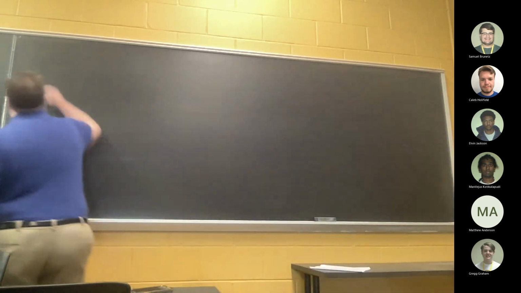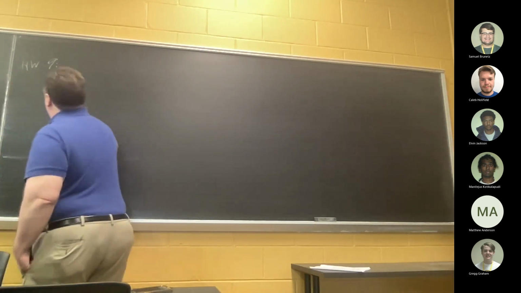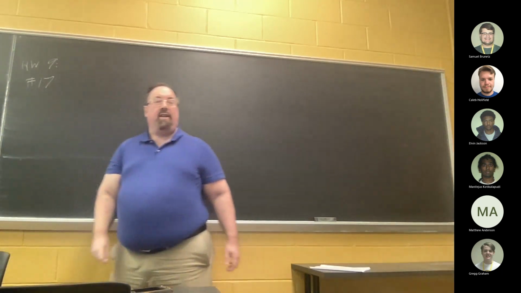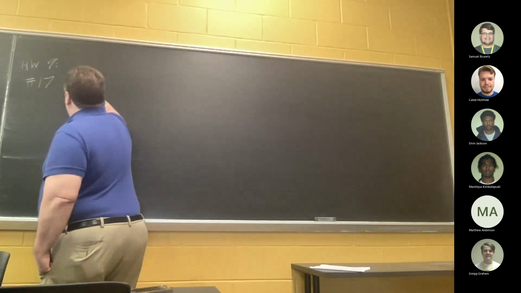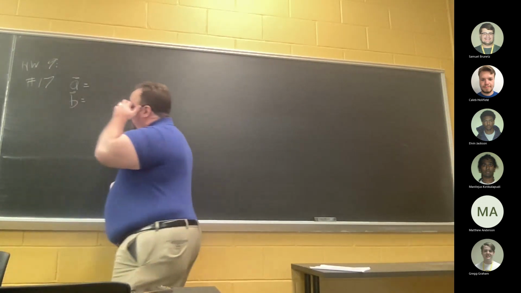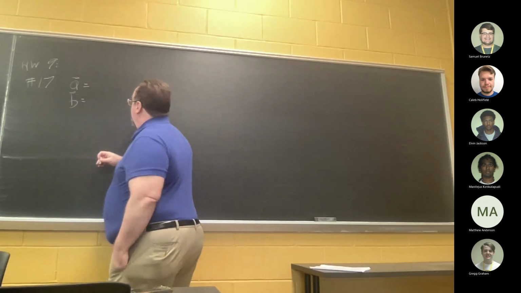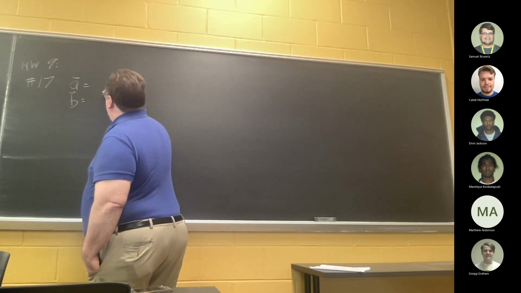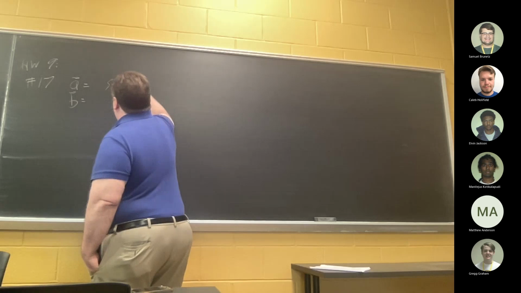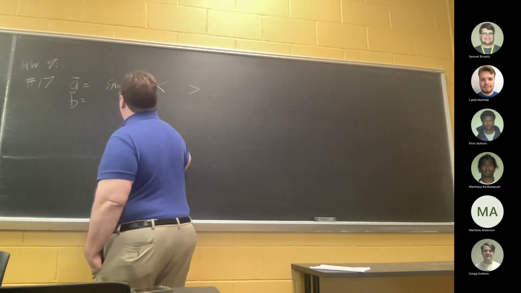One thing that just came up. On homework 9, problem number 17, gives you two vectors, A and B. What I normally do in the notes, and what happens generally in homework problems, is vectors should be formatted using angle brackets.